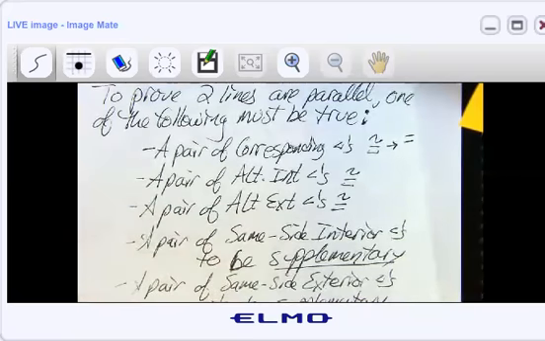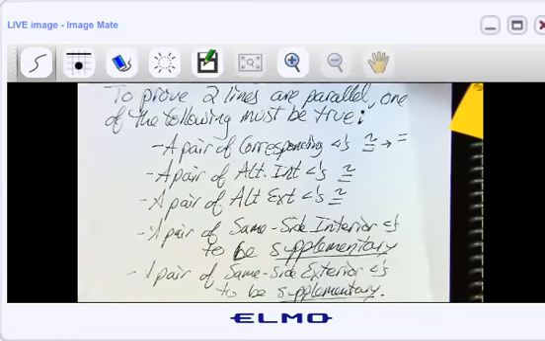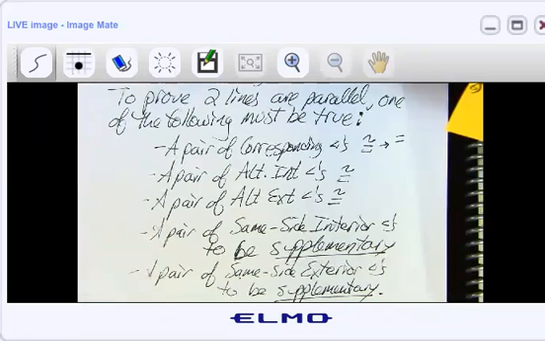Okay, these are your 5 options. Show me one of these 5 things is true, and you have parallel lines. If you can't show me that one of these 5 things is true, guess what? You don't have parallel lines. It's just that easy. You have one of these, they're parallel.